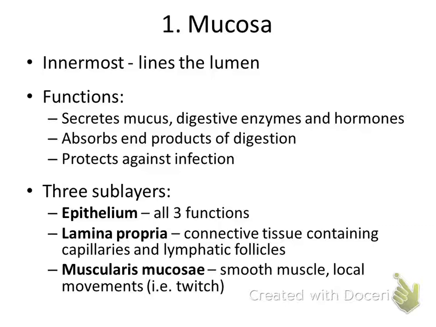Well, it can't stay there because then it might cause a blockage or something, right, the next time we try to swallow. So the twitch of the muscularis mucosa helps to knock that stuff off the side of the wall and back into the lumen so we can keep it moving through the tube.